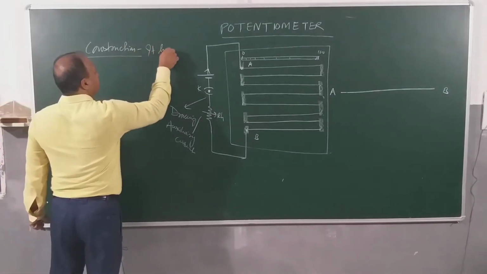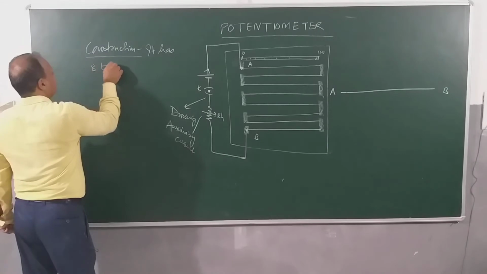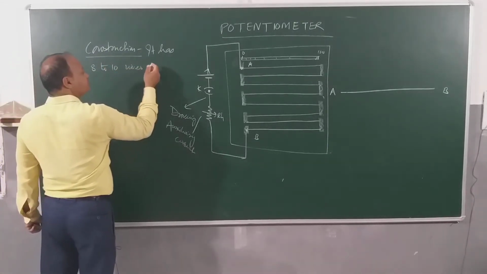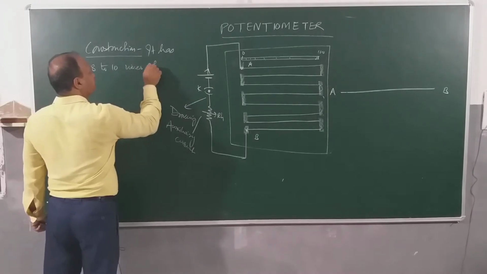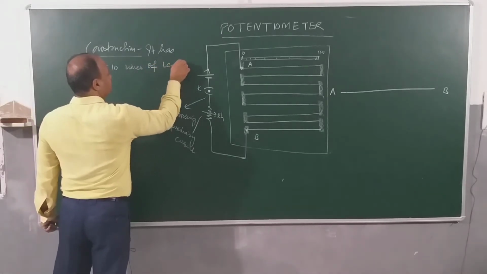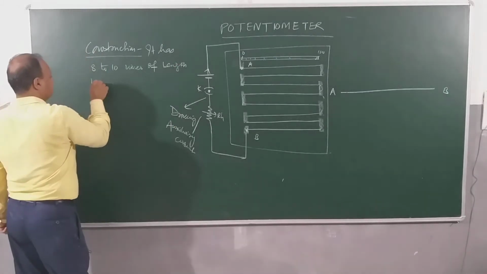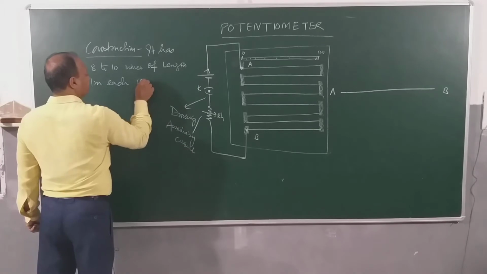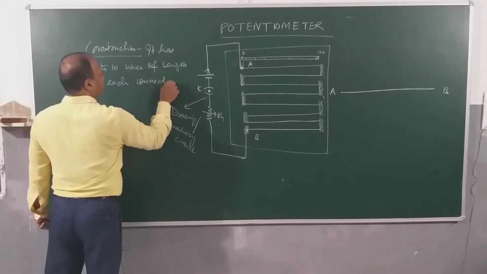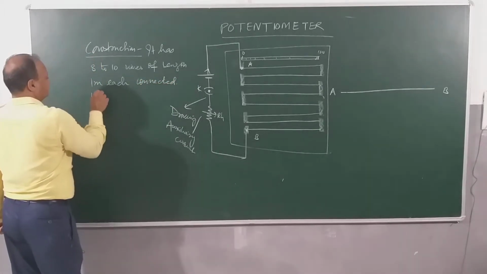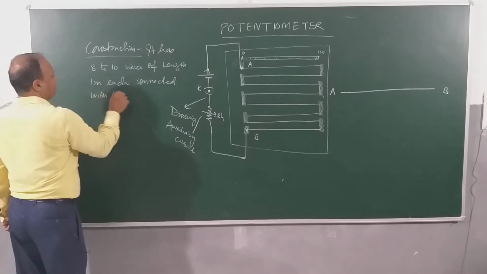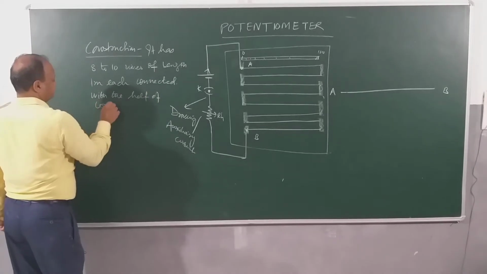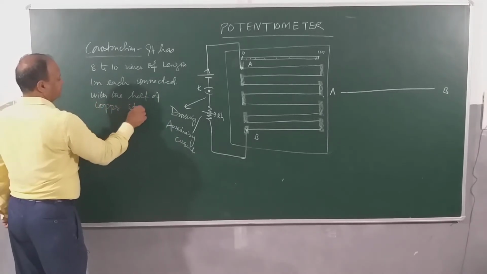So the construction: it has 8 to 10 wires of length 1 meter each connected with the help of copper stripes. Okay, children?